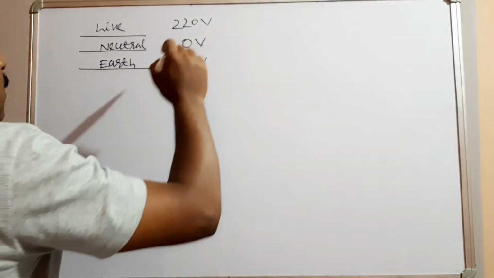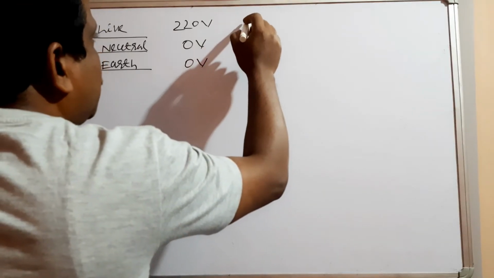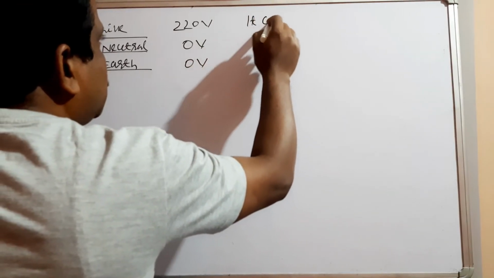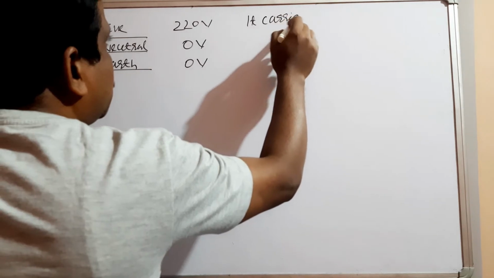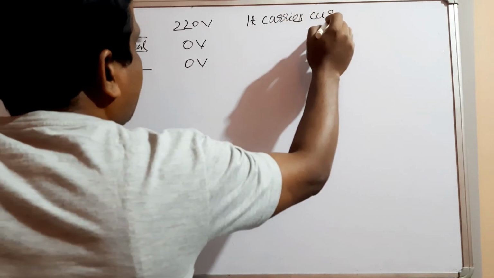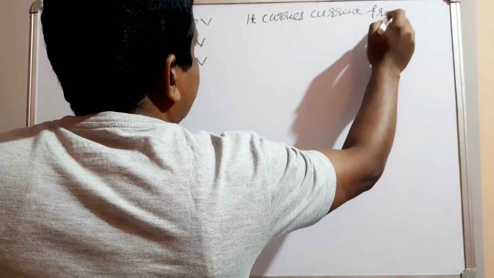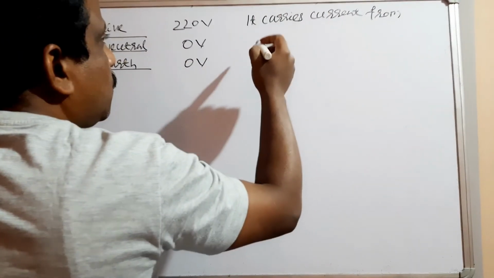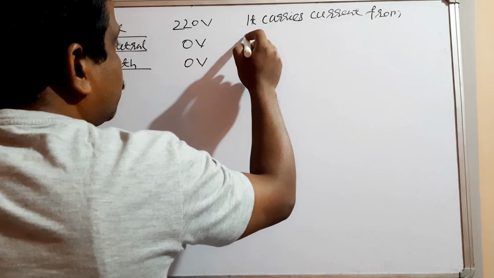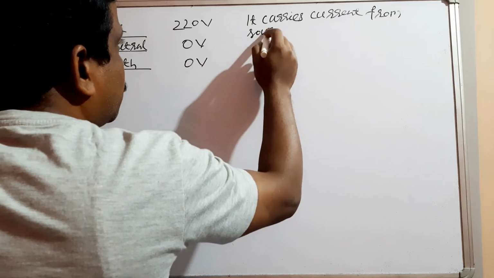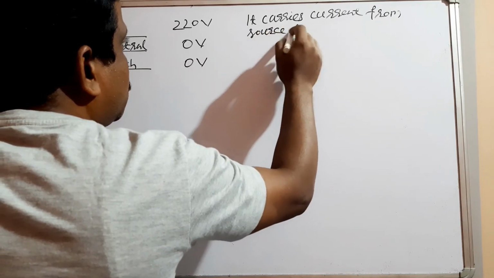And the function of the live wire is that it carries current from the source, from the main, from the pole, to the appliances.